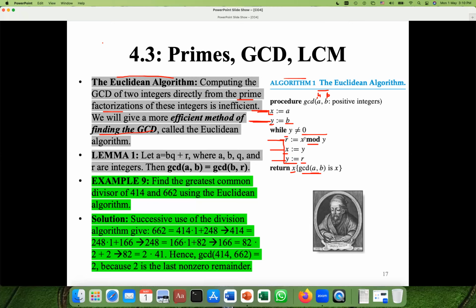And then 4 divided by 2, you will get 0. And then your x is 2 now, and your y is 0 now. 0 equal to 0, condition false, return x. What is the value of x? 2. So 2 is the GCD.